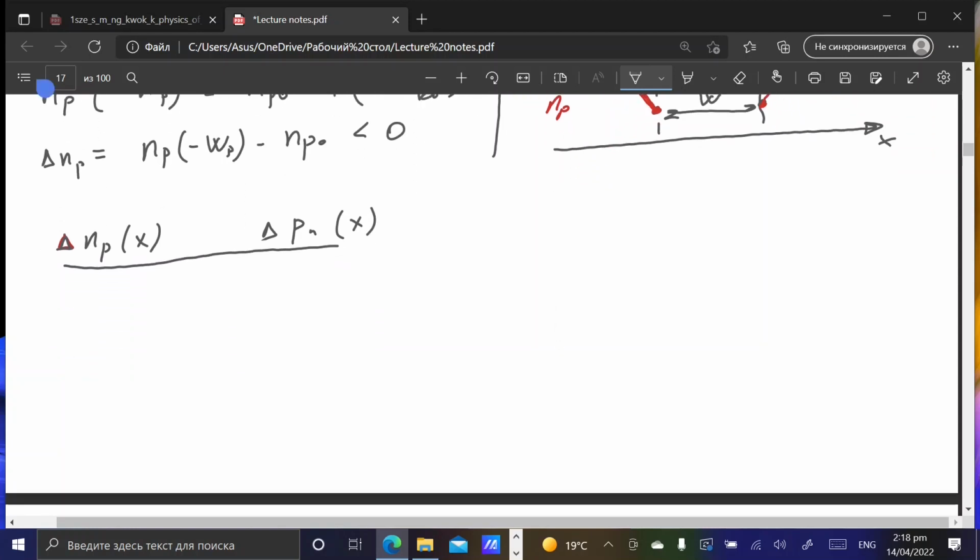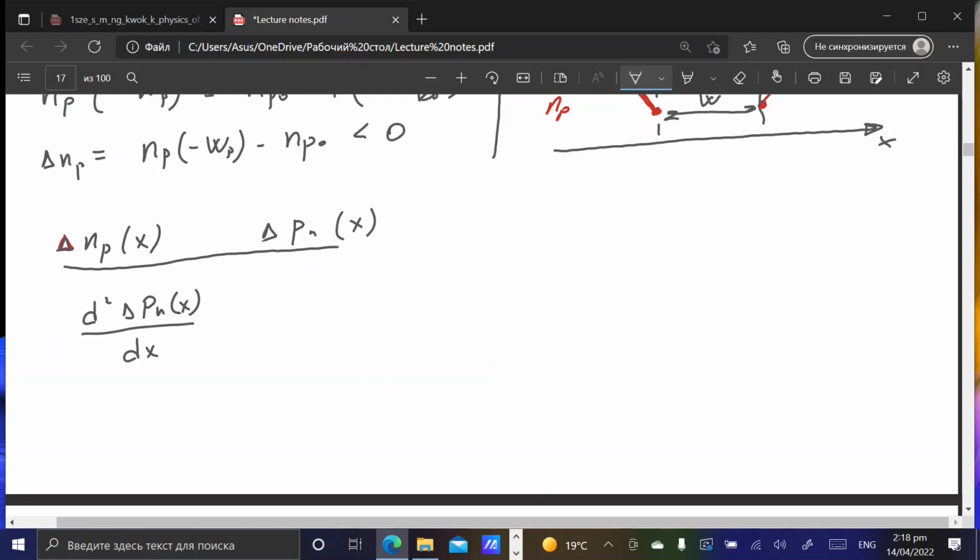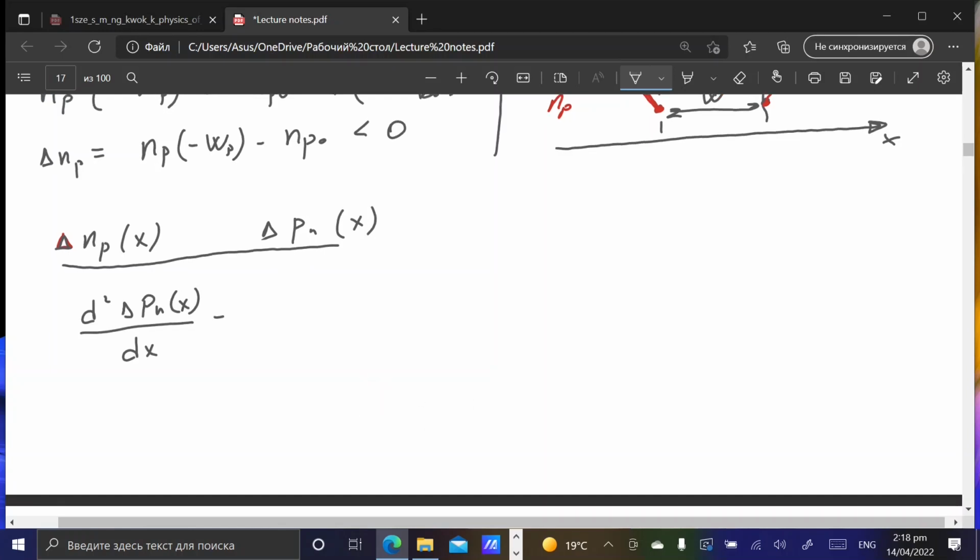We already did similar stuff last time, when we considered just this case of diffusion of minority charge carriers. Let's do it for holes: d square delta Pn(x) over dx square minus delta Pn(x) over Lp square.